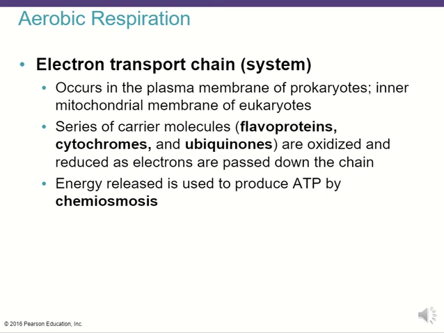Now, aerobic respiration involves the electron transport chain. This occurs in the plasma membrane of prokaryotes as well as the inner mitochondrial membrane of eukaryotes.